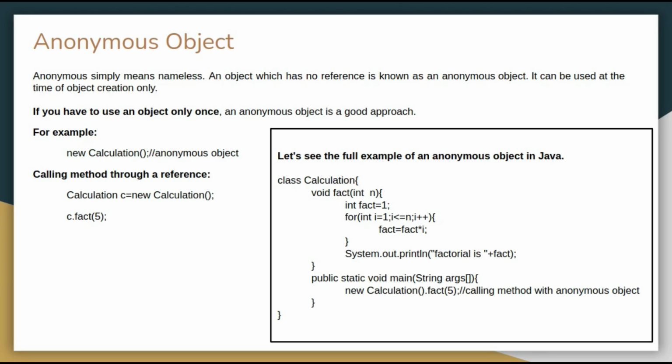But if you see calling through an anonymous object, without creating any object of any type, you can directly use the new keyword and simply your class name or class constructor dot your method name, and simply pass your parameter. So there is no need to create any object of any type, you can directly call your object with the help of the new keyword. That is your anonymous object.